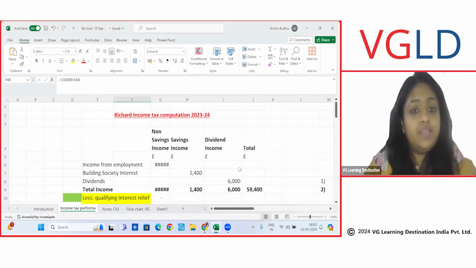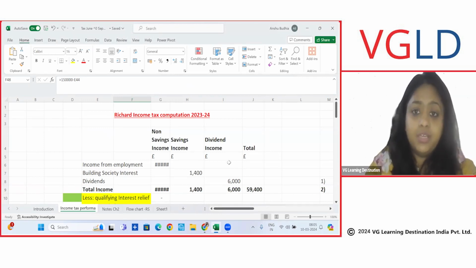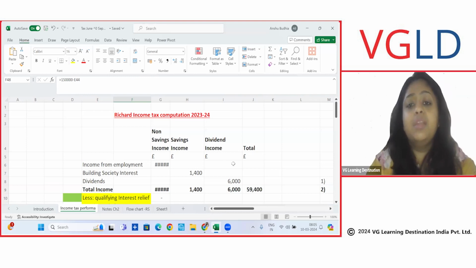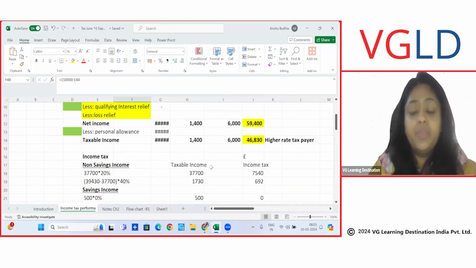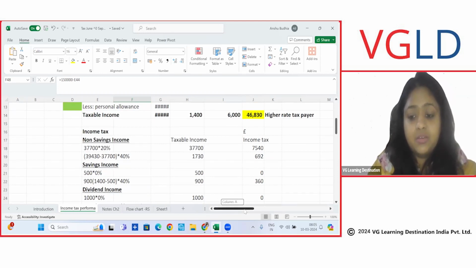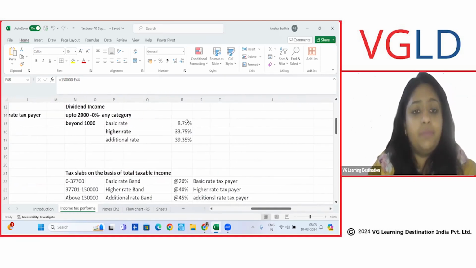So far, we have covered savings income, we have covered non-savings income. We have also covered dividend income today, where I told you there's a straightaway nil rate band of 1,000 available to all taxpayers. And on the balance of the dividend income, based on which rate band is applicable, we will apply the tax rates of 8.75%, 33.75%, or 39.35%, whatever the person, based on the rate band that he is in, the rates will apply accordingly.